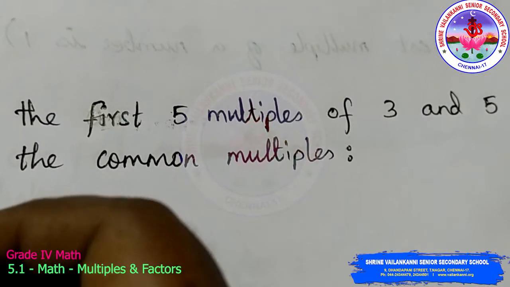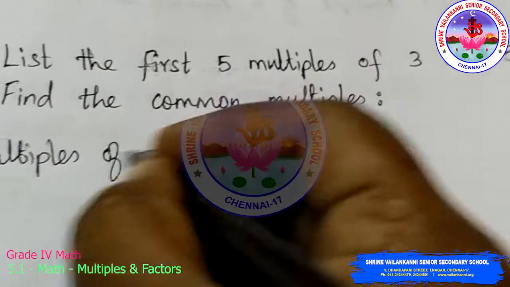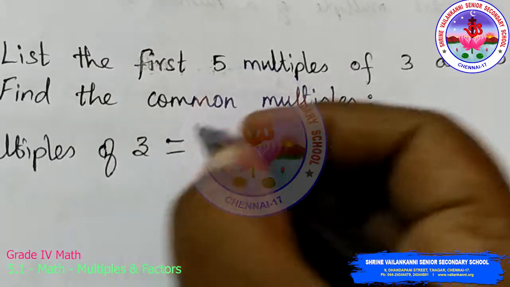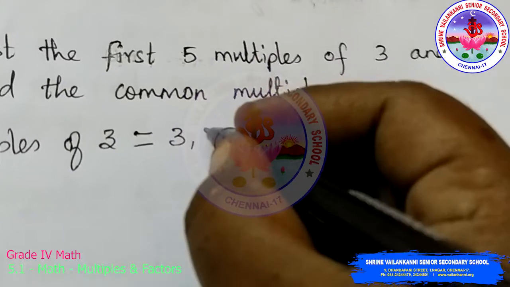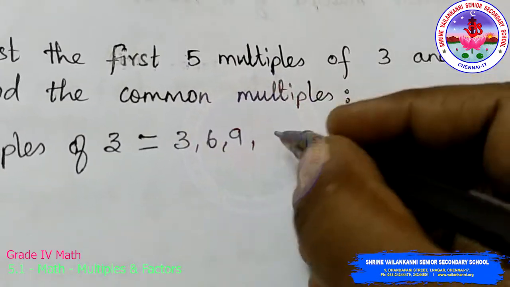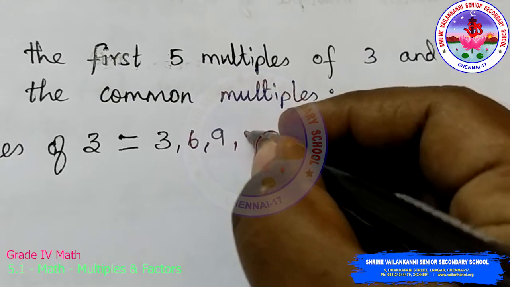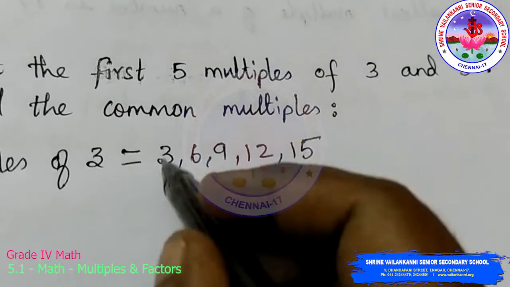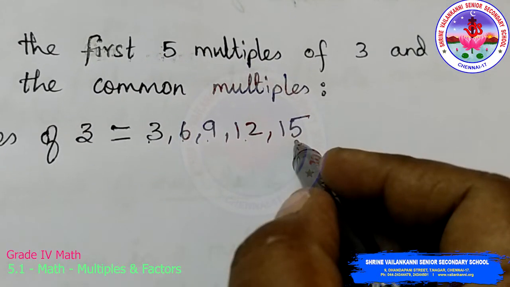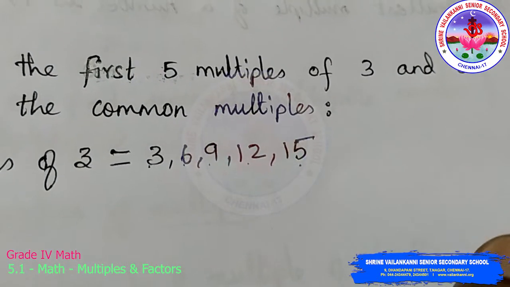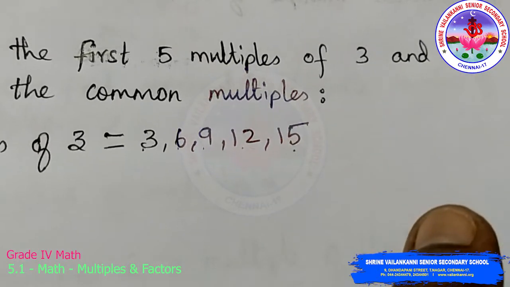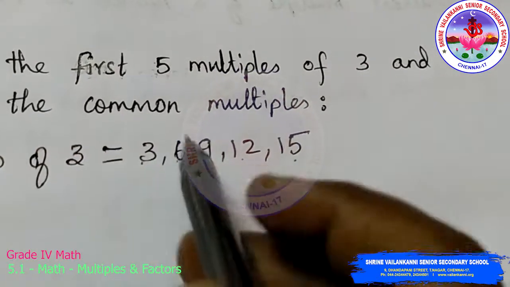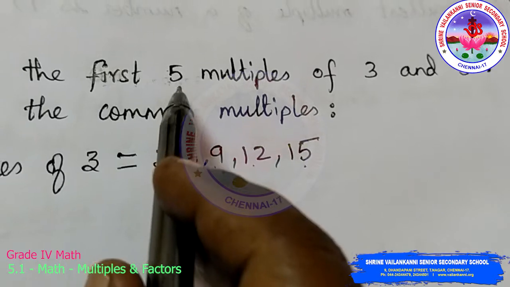So multiples of 3. 3 ones are 3, 3 twos are 6, 3 threes are 9, 3 fours are 12, 3 fives are 15. So 1, 2, 3, 4, 5. Only 5 multiples we have to find. We don't want to find more than 5, because they have specifically mentioned the first 5 multiples.